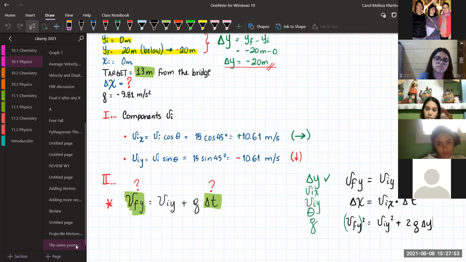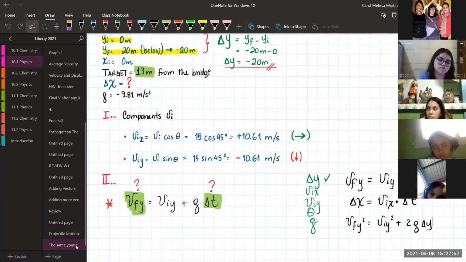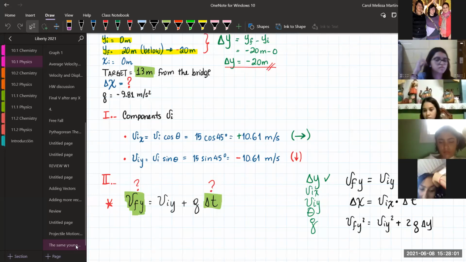But as I told you the other day, we cannot use that equation because it is raised to the second power, so we need to use the square root. I totally suggest that you arrange your equation and keep it like that, because this square is canceled with this square root.